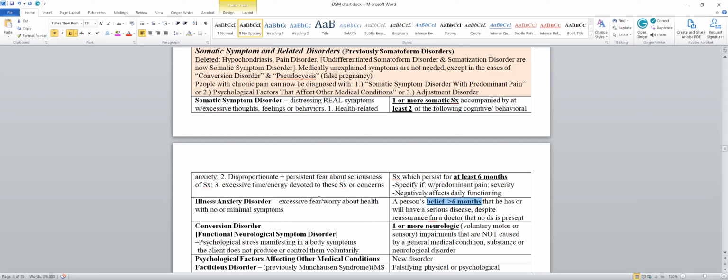Illness anxiety disorder has no or minimal symptoms. A person believes this for at least 6 months, that he has or will have a serious disease, despite reassurance from a doctor that no disease is present.